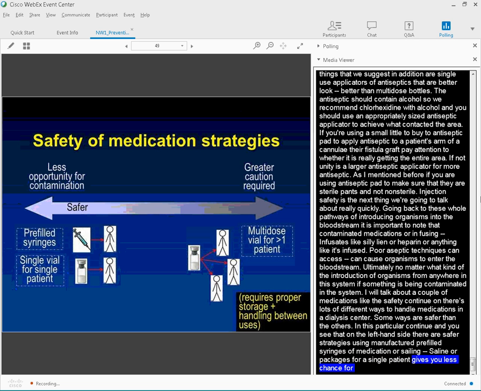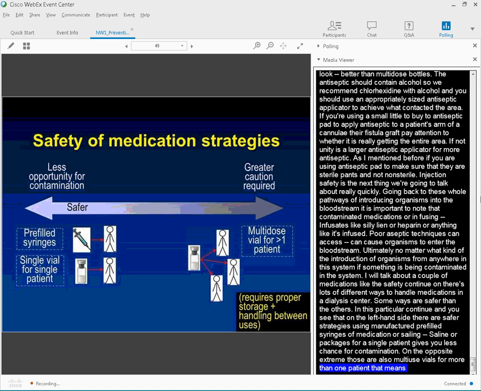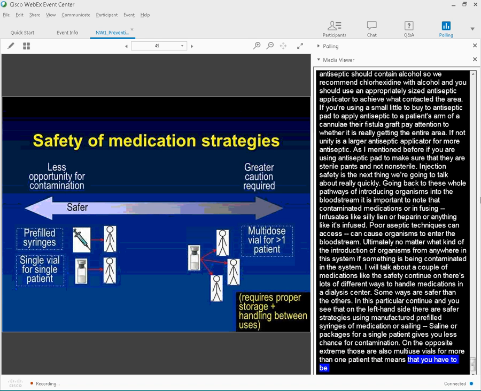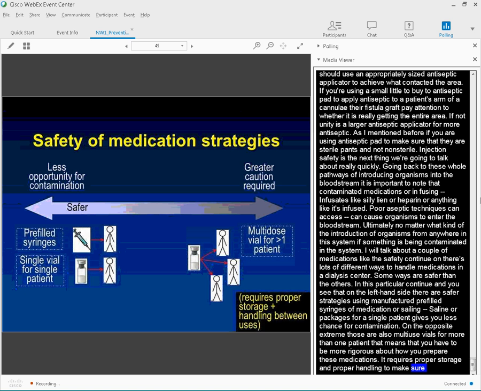But what that means is that you have to be more rigorous about how you prepare these medications and where you prepare them. It requires proper storage and proper handling between uses to make sure that that medication vial does not become contaminated and then affect multiple individuals. So again, you can do it either way. The options on the left-hand side of the slide are generally safer.